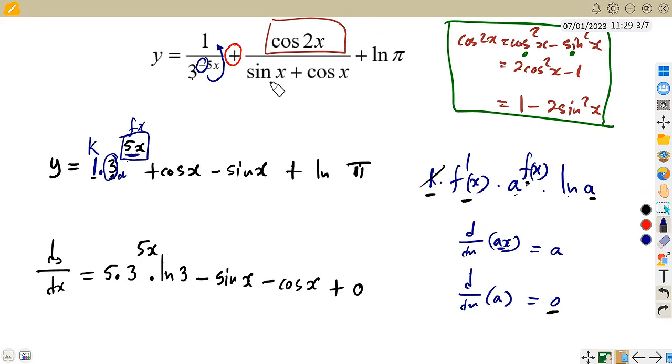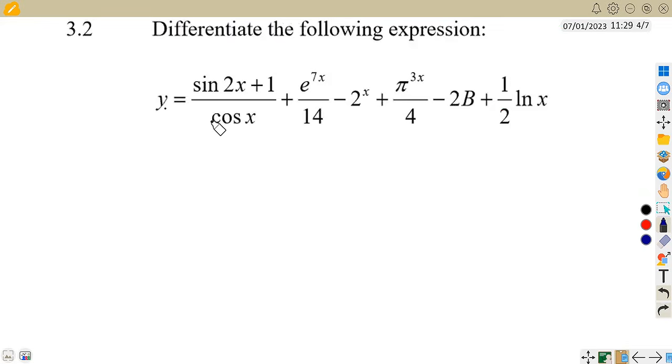It was given as cos 2x over sine x plus, if you take cos, we are adding, so we've got an expression, 2 terms in the denominator here. So what you can think about is to work from the numerator. But if you check the next question here, we have got a single term in the denominator.